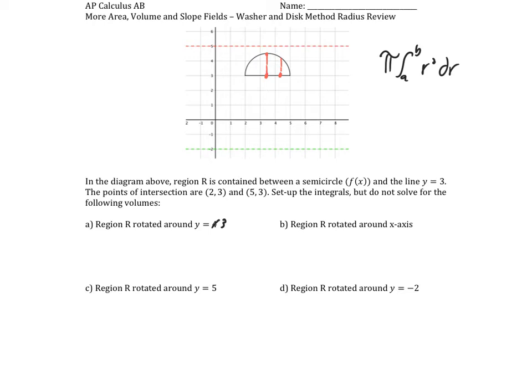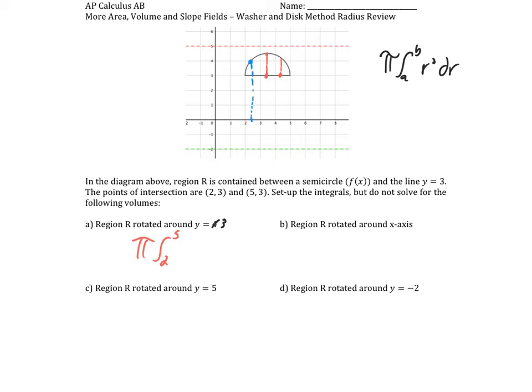Well, the bounds, hopefully you would see, would be 2 to 5, so it would be pi times the integral from 2 to 5 of the radius. The radius is not simply f of x. F of x, technically, is the distance from here all the way down to the x-axis. But I only want the distance from f of x to the line y equals 3.